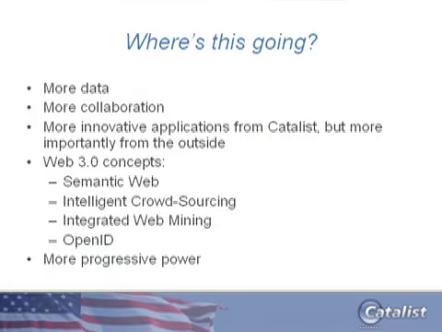With these concepts at play, we believe that we're acquiring more data, fostering more collaboration, and that there's going to be more innovative applications built for progressives. A lot of them are going to be done outside of Catalyst by others, and that's great. That's what you want. And as you see down the line, there are a lot of concepts out there that might play in, such as the semantic web and crowdsourcing.